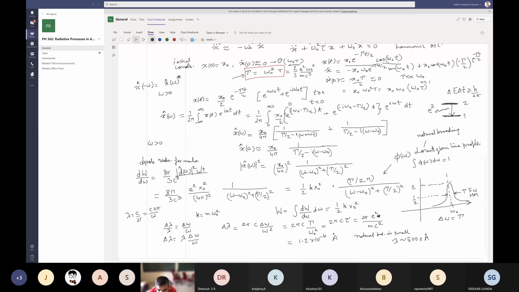So delta lambda by lambda is like 10 to the minus 4 plus 3, 7, minus 8. It's very, very small. So this is the universal broadening due to radiation reaction. Okay, so this is the classical model for line emission. Any question here?